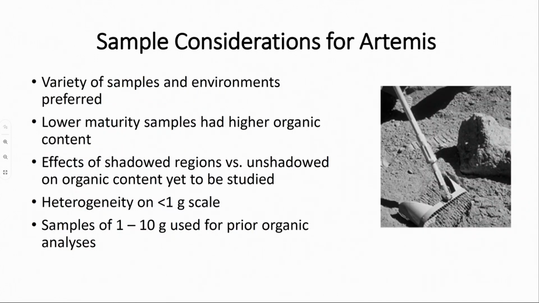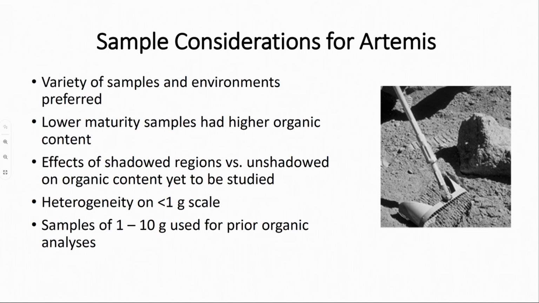On my last two slides, I just want to talk about what we've learned from these past analyses about sample considerations and also about curation considerations with an eye towards organic analysis. As with most scientists, I'd say we want lots of samples from lots of different environments. We want a variety so that we can really test and understand the distribution and preservation of organics in different environments on the lunar surface.